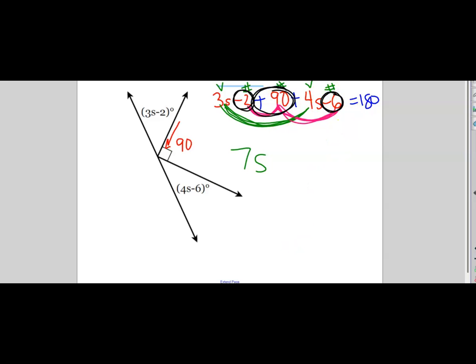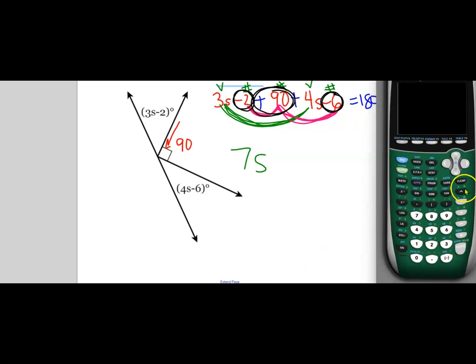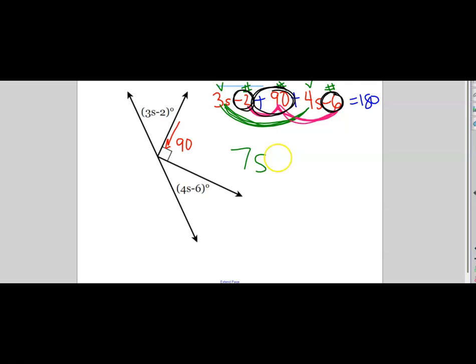Now be careful here. I have a minus 2, a plus 90, and a minus 6. So I'm going to get my calculator out. Negative 2, plus 90, and minus 6, and I'm going to do those operations that are right in front of them. Minus 2 plus 90 minus 6 is 82. So I'm going to write positive 82 here.